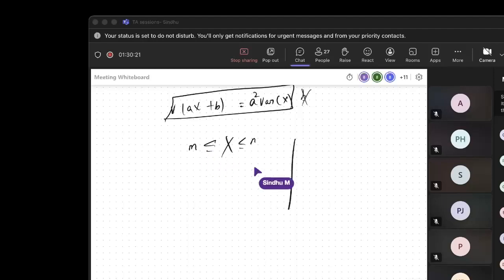So if you draw the PDF function, I'm just drawing something roughly, then it will range from m to n. And maybe it is something like this.